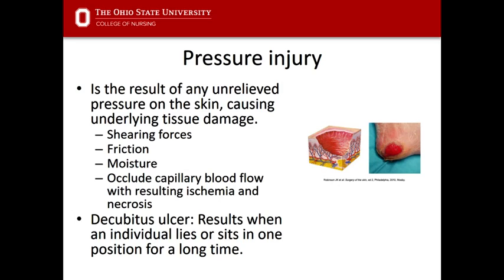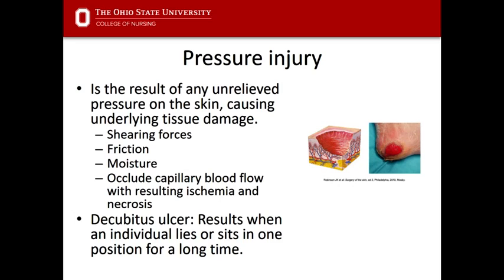There are many different factors that contribute: shearing forces, friction, moisture, and the occlusion of capillary blood flow that results in ischemia and eventually can lead to necrosis, which is probably the most common or most important factor.